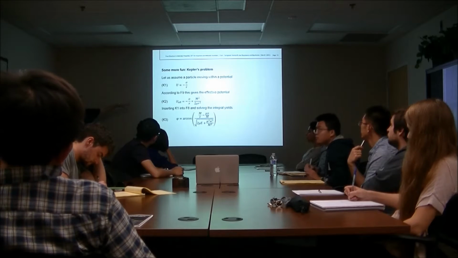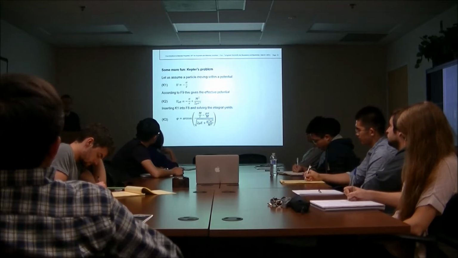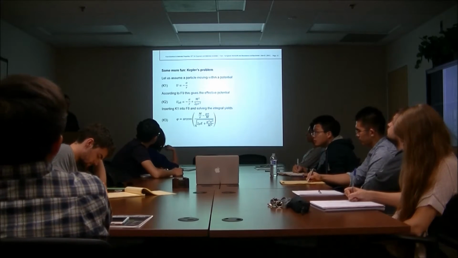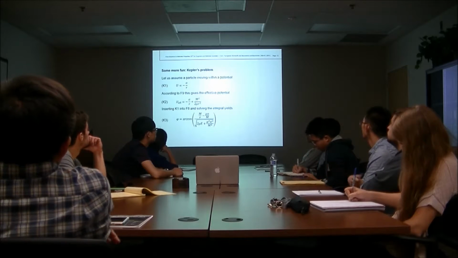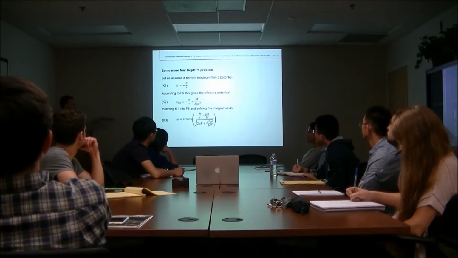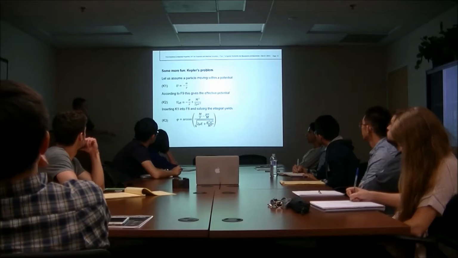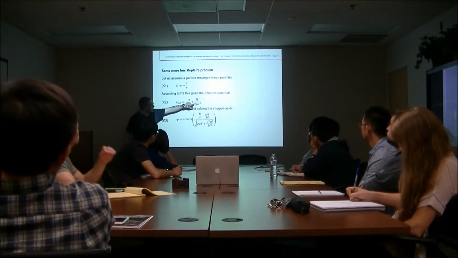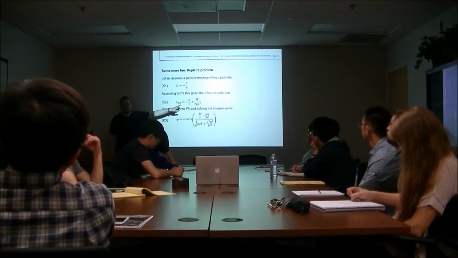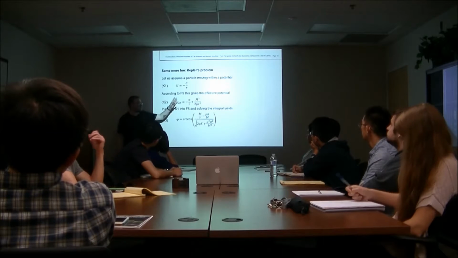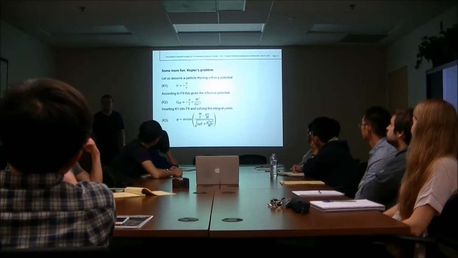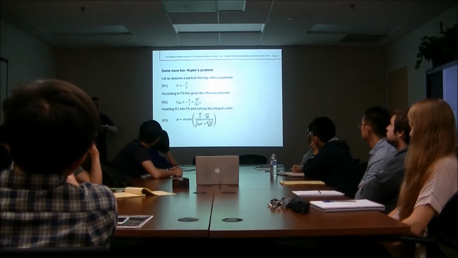So here you see the importance of the effective potential. Basically only a mathematical trick, right? It is a mathematical trick. Of course, this angular momentum part of the effective potential, if we put it into the kinetic energy, we would obtain the same result.